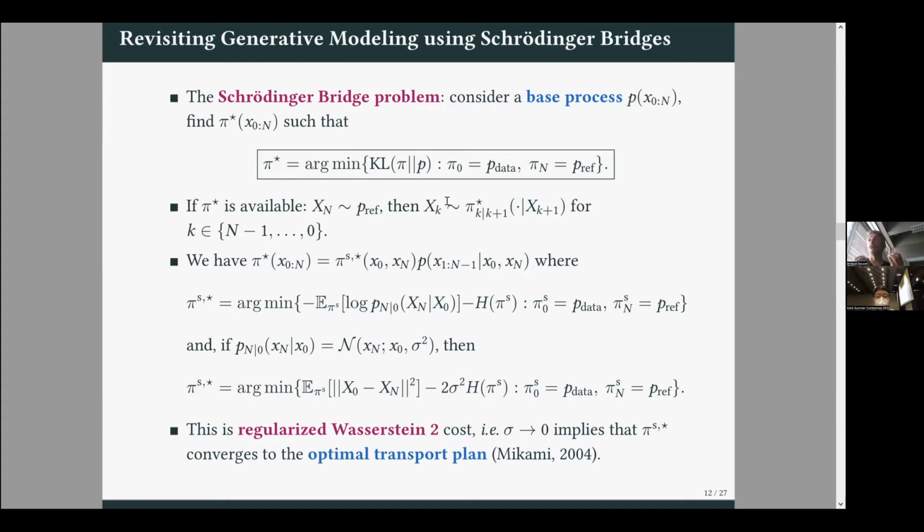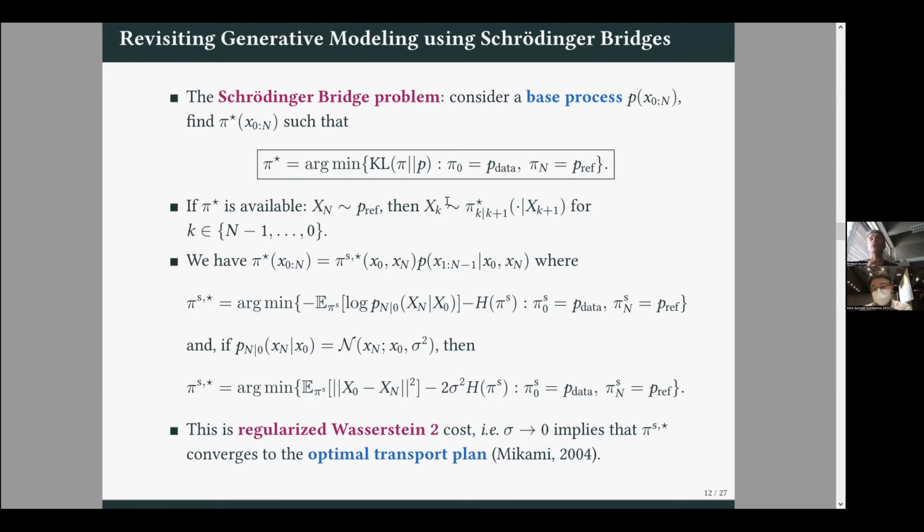The important point is that I never make the assumption that the marginal distribution of xn under p, this base process, is close to a Gaussian distribution. So if I could solve the Schrodinger bridge, I would not have to diffuse long enough for the marginal distribution of xn under p to be Gaussian. That's the key point.